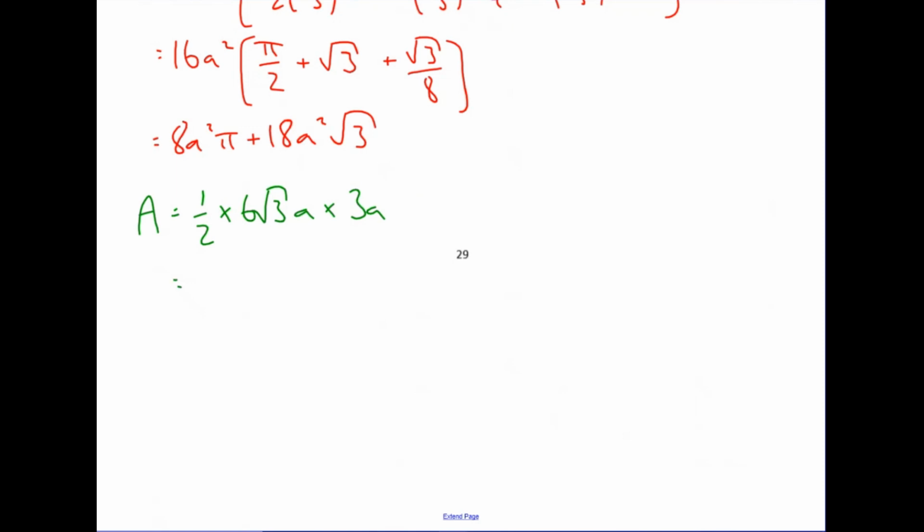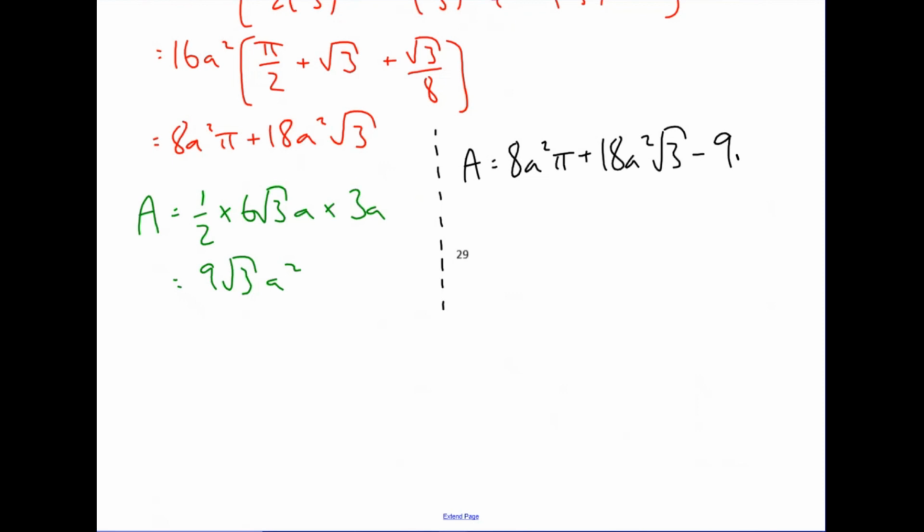If I work this out, half times 6 is 3, that's 9 root 3 a squared. So for the total area, I'm going to take those away from each other: 8a squared pi plus 18a squared root 3 minus 9 root 3 a squared. I wrote those the wrong way. So that gives me 8a squared pi plus 9a squared root 3. I've just got 18 minus 9.